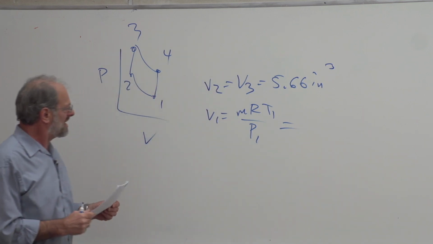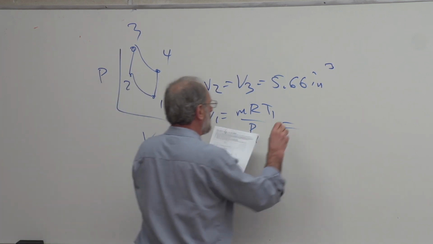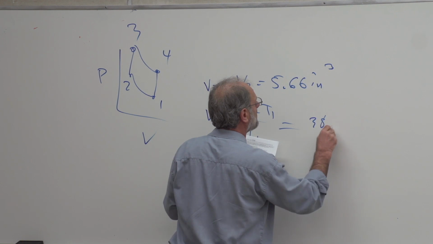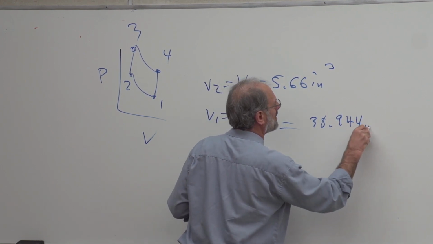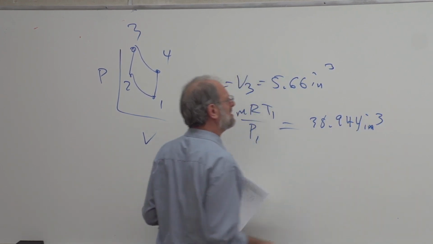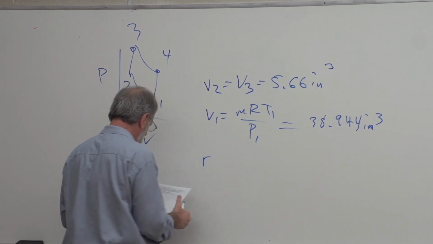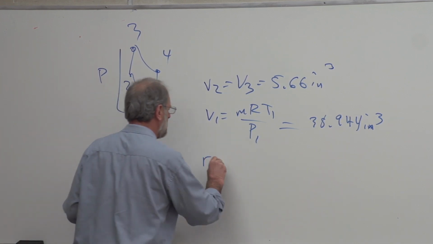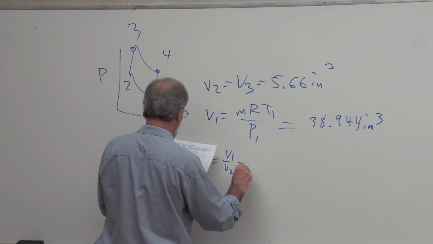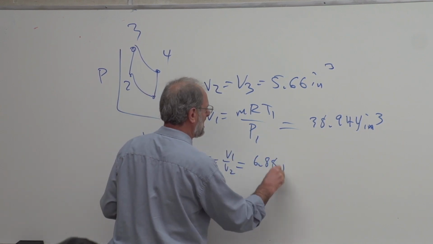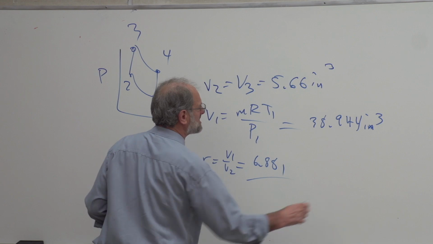So without actually plugging in the numbers, we end up with 38.944 cubic inches. And then we could just take the ratio of these two terms, V1 over V2, and we get 6.881. So that's the first thing you want to do.